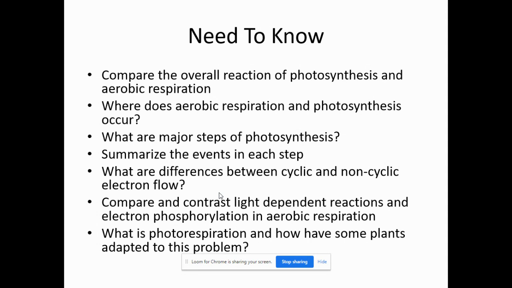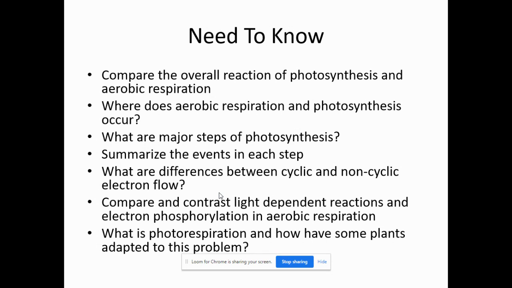What are the differences between cyclic and non-cyclic electron flow? What are the major products of the two? Why would a plant undergo cyclic versus non-cyclic electron flow? And then be able to compare and contrast the light-dependent reactions and oxidative phosphorylation in aerobic respiration.